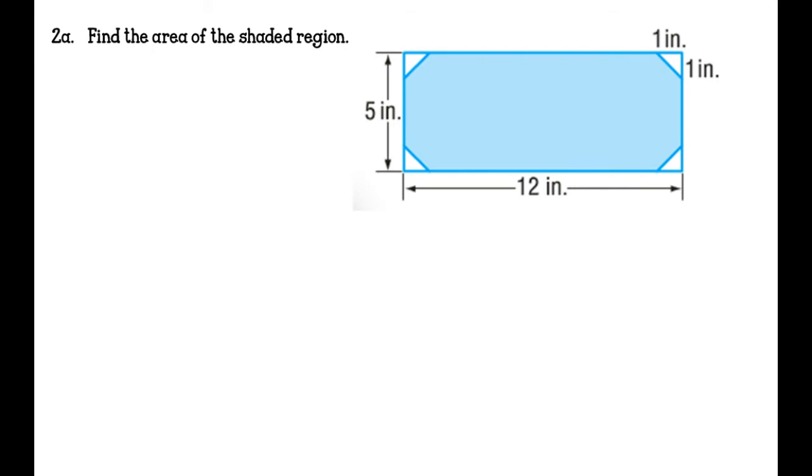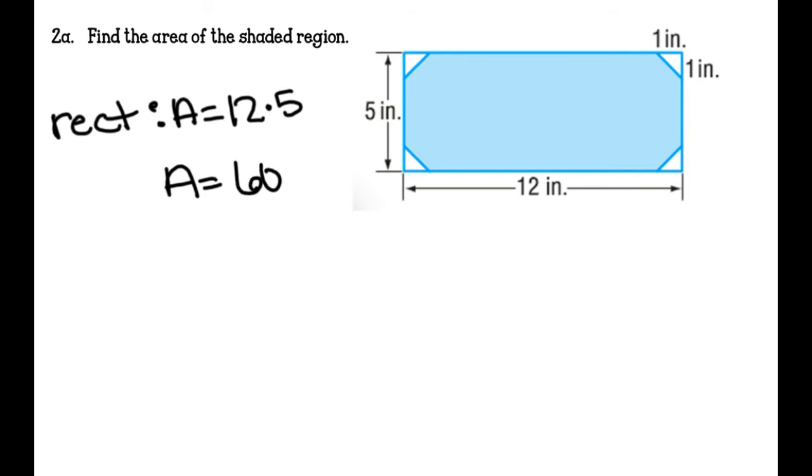That just, to me, seems like the easiest way. So if I have my outer rectangle, the area is base times height. So the area of that outer rectangle is 60 inches squared. And then I have this triangle right here. The base of the triangle is 1 and the height of the triangle is 1.